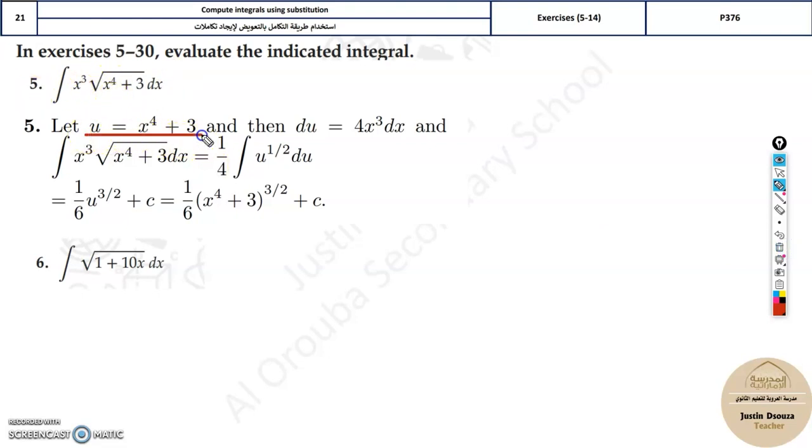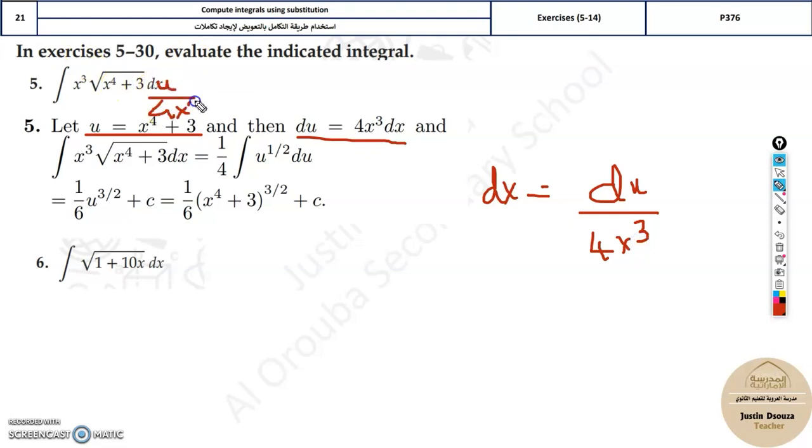You just have to substitute u as x to the power 4 plus 3, derive it, you will get du is equal to so much, but you need to have only dx. So dx equals du divided by 4x cube. Whenever you change this dx to du, it will be divided by 4x cube. Hence, this cancels and you will have a simplified form.